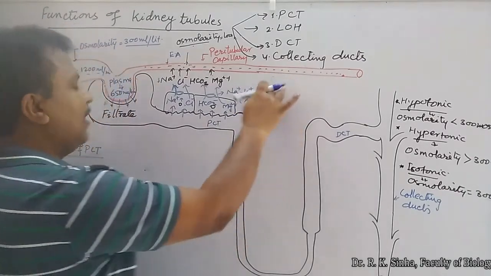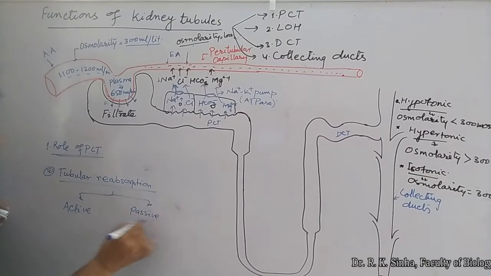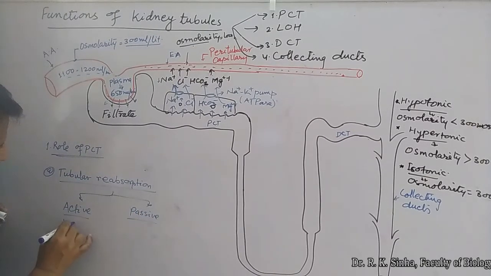Now there are two different types of reabsorption process: active reabsorption and passive. Actively reabsorbed are Na+, K+, Cl minus, HCO3 minus, sulfate, phosphate.